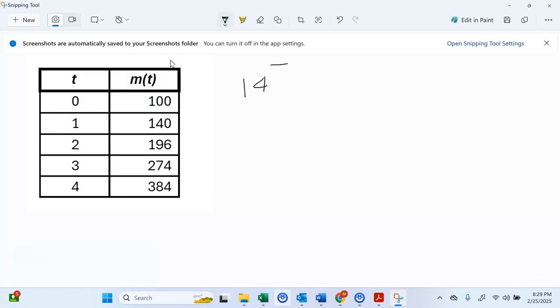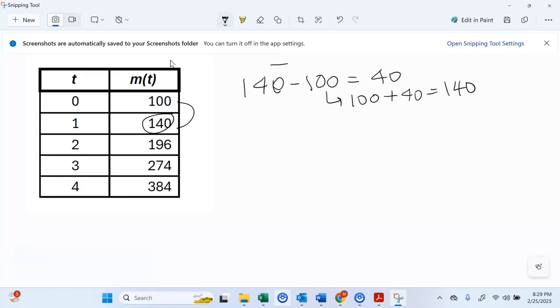So I can go 140 minus 100, and that equals 40. What does that mean? It means 100 plus 40 equals 140. So from here to here, plus 40. But does that continue? Does the pattern continue?